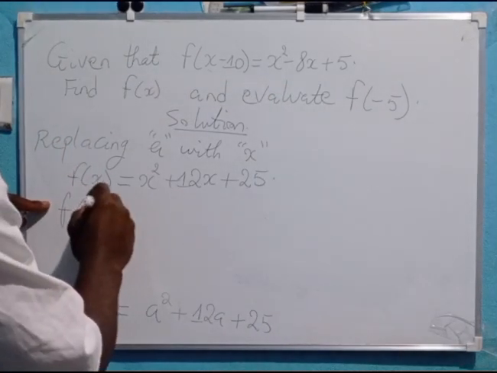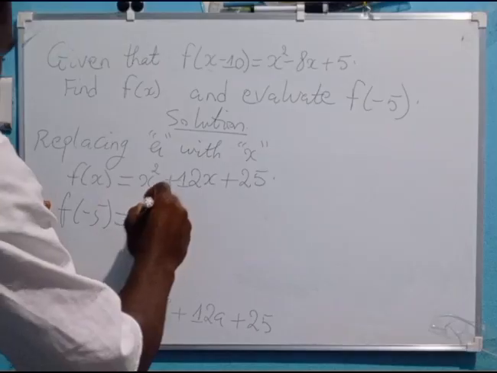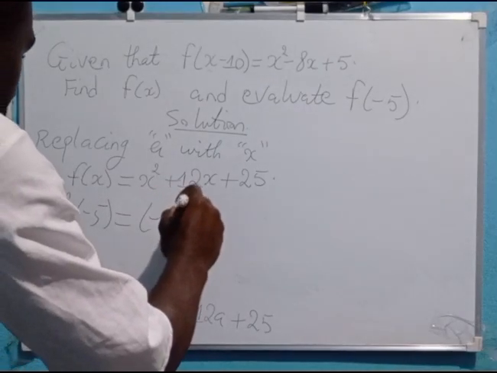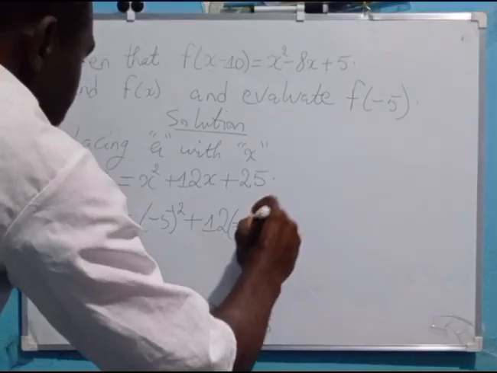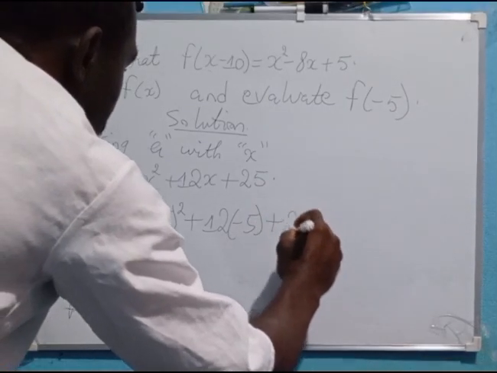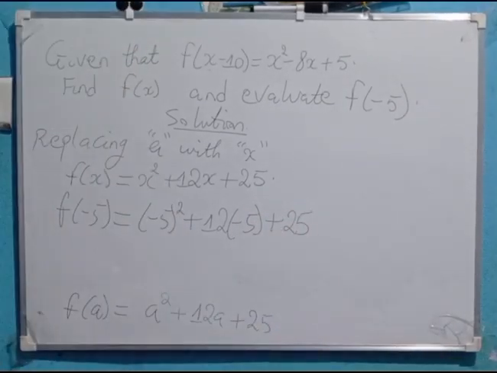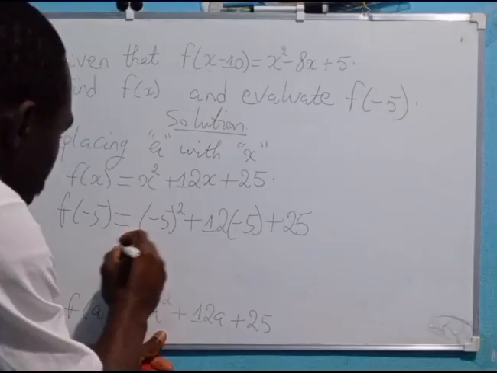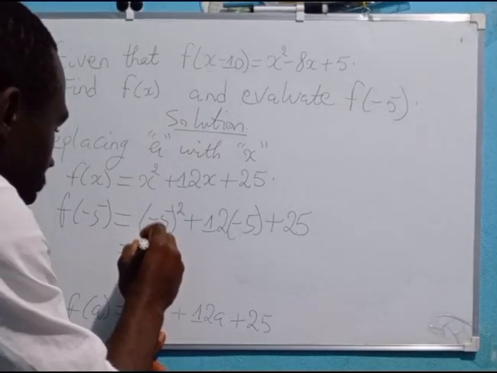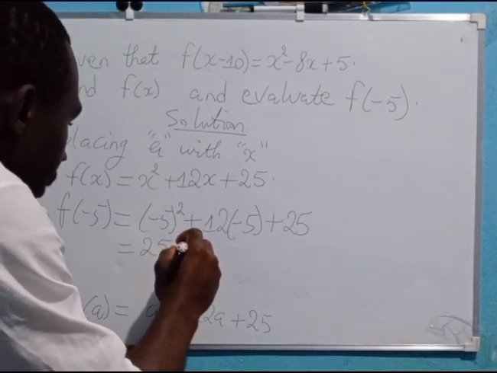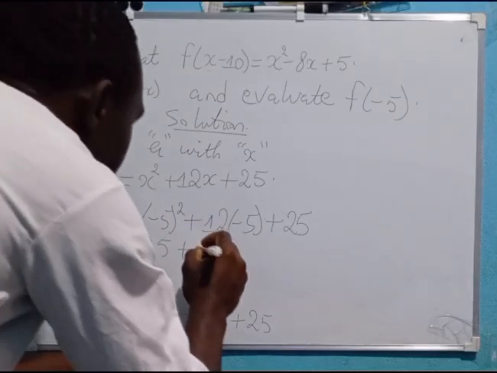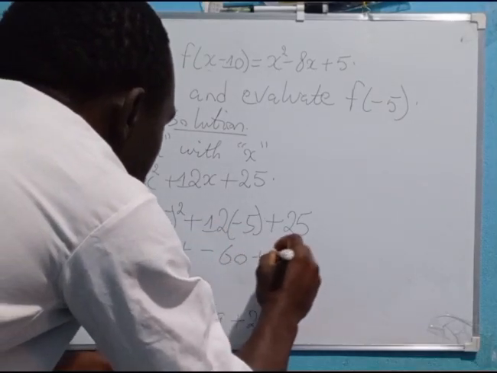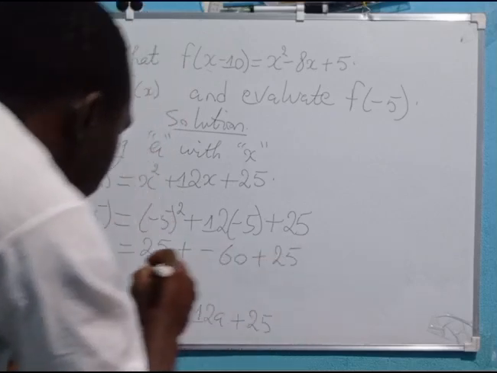f of negative 5 will simply be equal to negative 5 squared plus 12 times negative 5 plus 25. And this will be equal to negative 5 squared gives us 25 plus 12 times negative 5 gives us negative 60 plus 25.